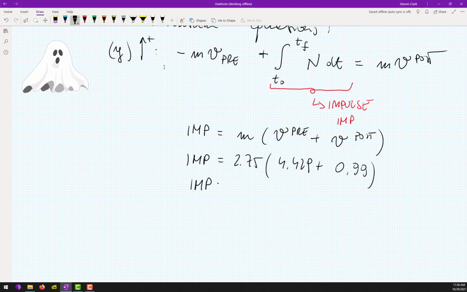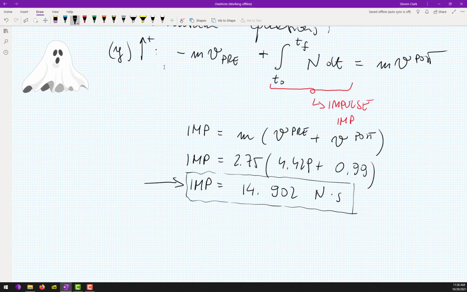Grab your calculators and obtain that our IMP is equal to 14.902 newton seconds. Answer. Great. Any questions about what happened so far?